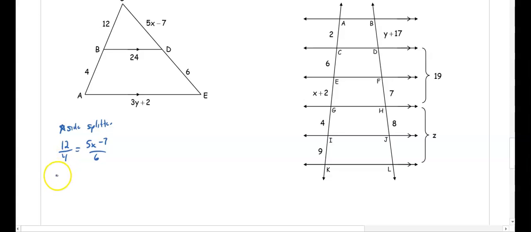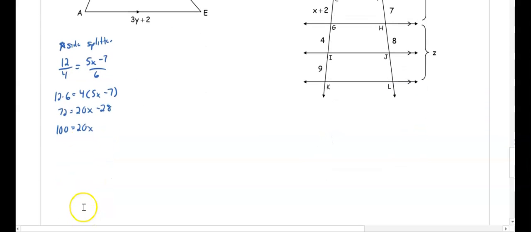As we cross multiply, 12 times 6 is equal to 4 times 5x minus 7. So as we multiply here, 72 is equal to 20x minus 28. We can add 28 to both sides, so we get 100 is equal to 20x. When we divide by 20, we get x is 5.